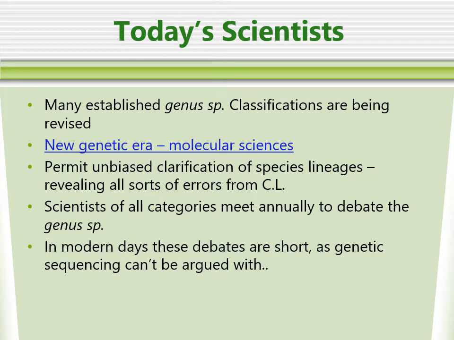So in modern day scientists, on this day and age, a lot of the sort of genus species classifications are actually being revised. Historically, the way this worked was these rich, privileged people would travel around the world collecting specimens, and in the case of plants, they would press them and dry them, and they would make notes and sketches and drawings about the flowers and the leaf structure and the growing habit.